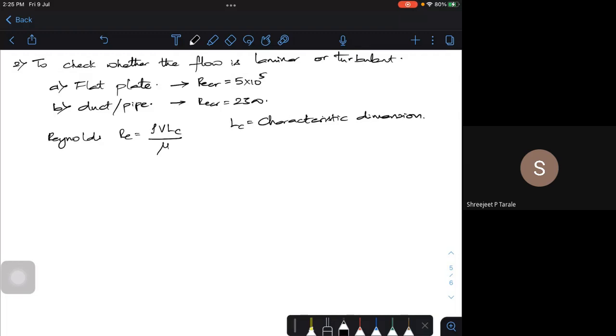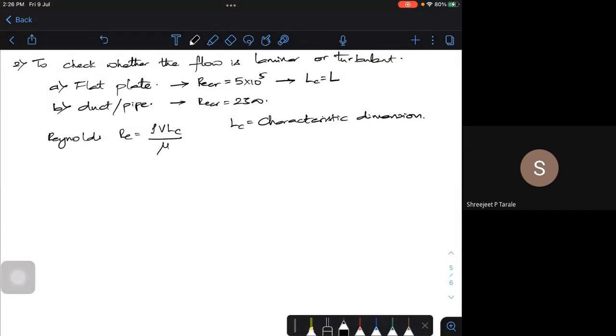Okay. Now for a flat plate, where exactly is the flow? If I have a flow over a flat plate, the LC will be the length of the plate. Now the length of the plate can have different conditions. It can be partly, or it can be the total length.